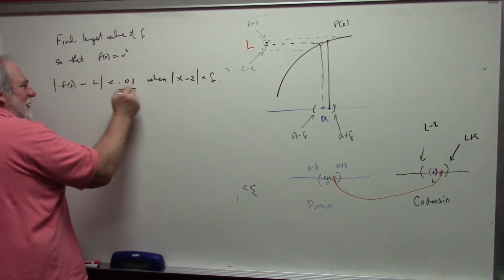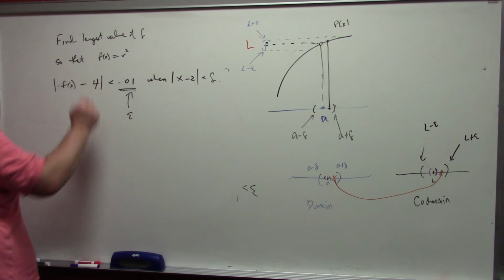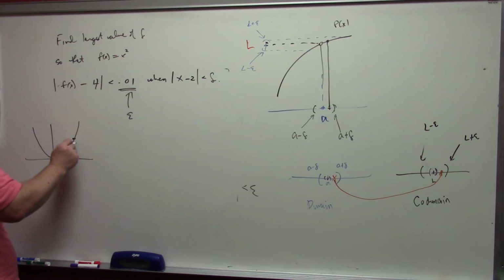So I'm giving you an epsilon here. And, oops, f of x minus 4, shouldn't be L. And I'm giving you an epsilon. I'm saying what's the largest value of delta that will work in this particular case. So we're revisiting what we had before. This is my 0.24.